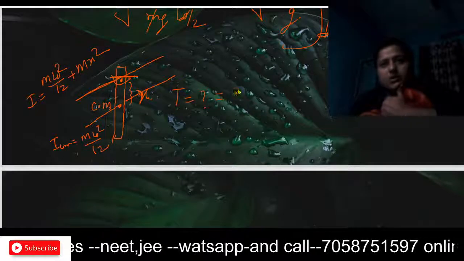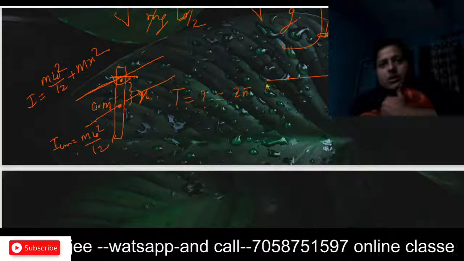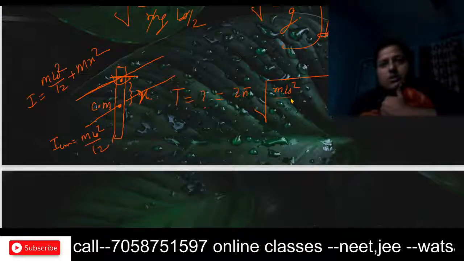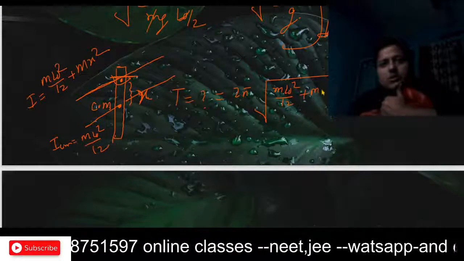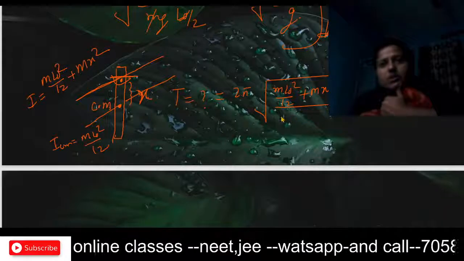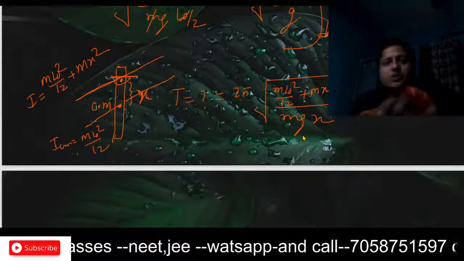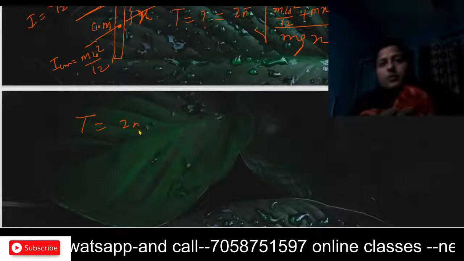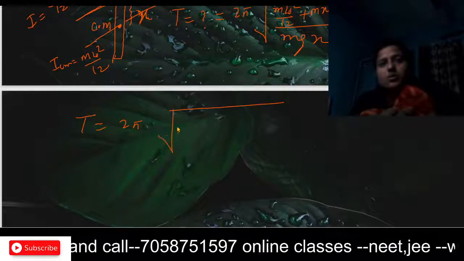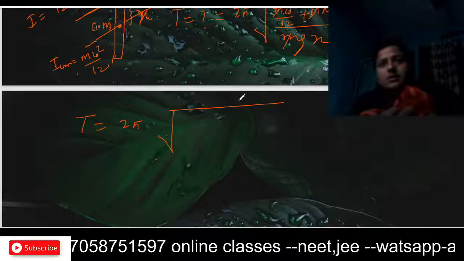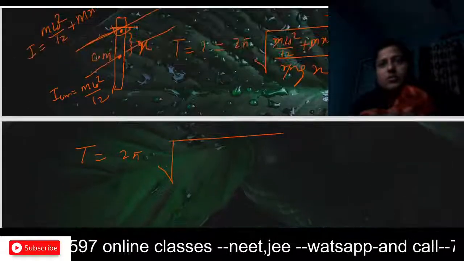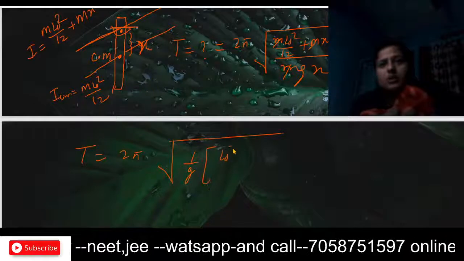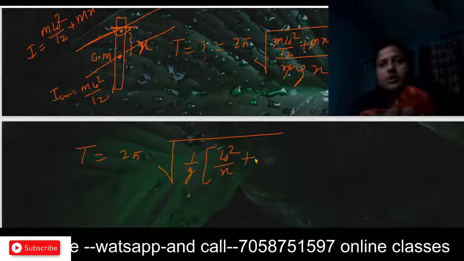So time period is 2 pi under root I over mgx, with I equal to ML0 square by 12 plus Mx square. M gets cancelled. So 2 pi under root 1 over g into L0 square by 12x plus x.